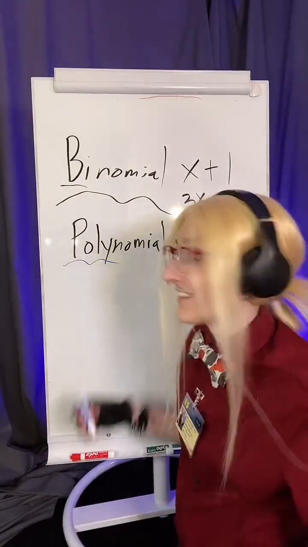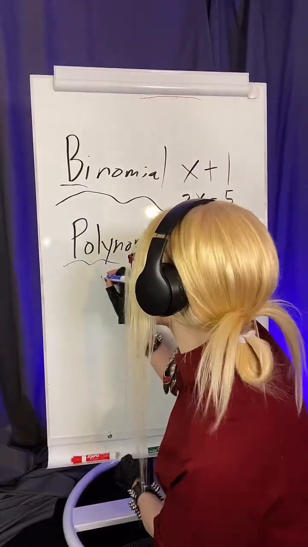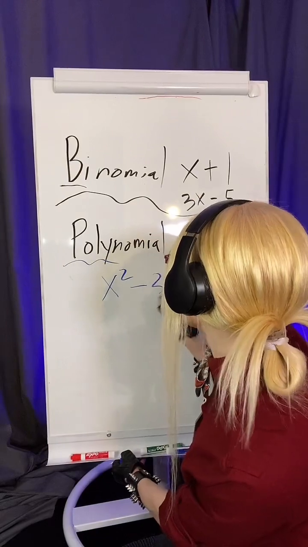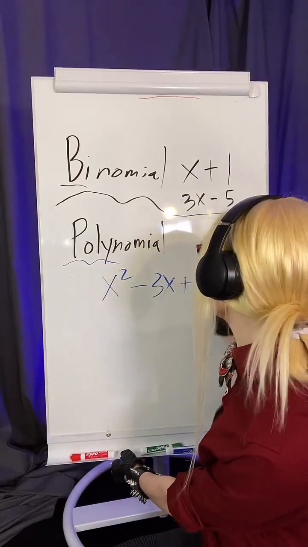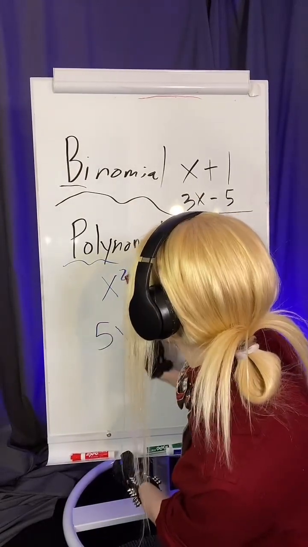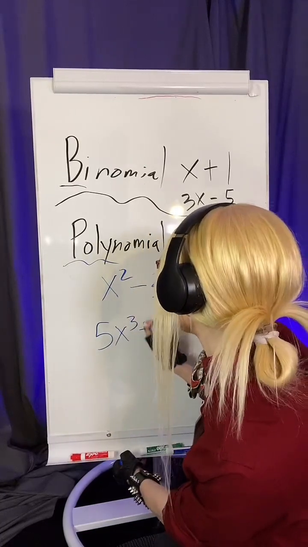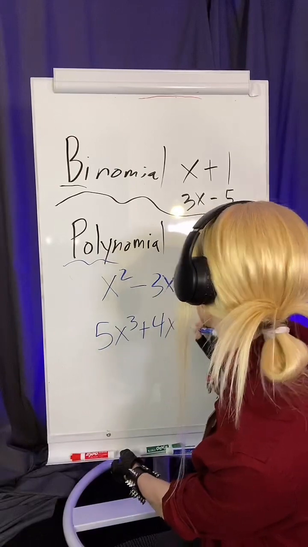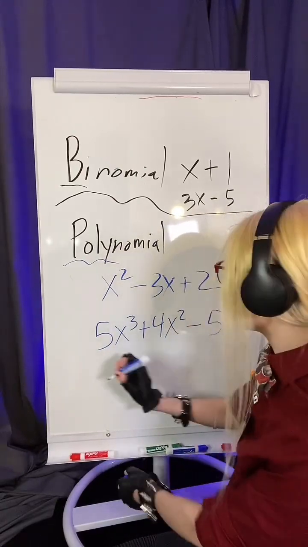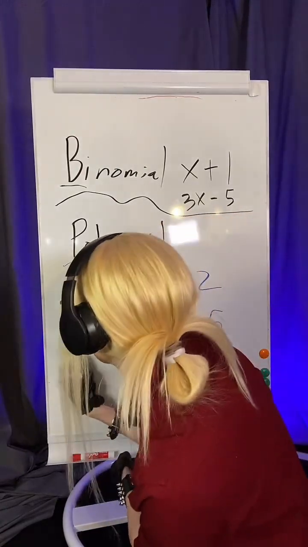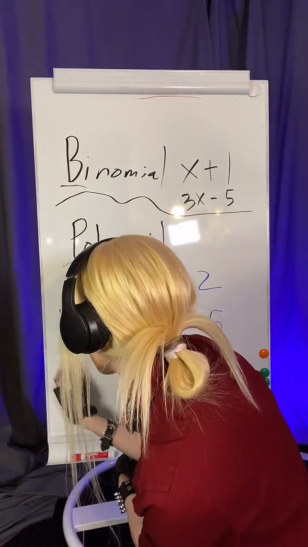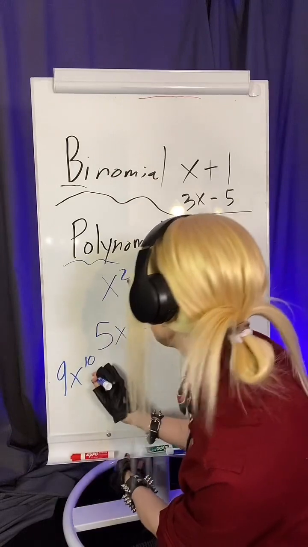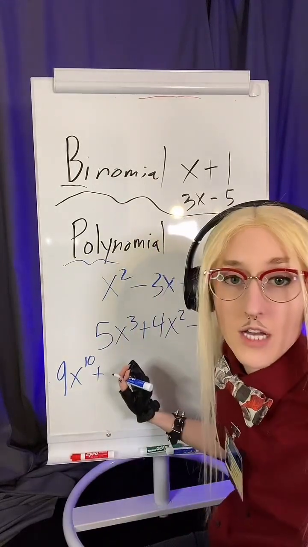Many more. Many. So examples of a polynomial might be x squared minus 3x plus 2, 5x to the third plus 4x to the second minus 5. Maybe I have something wild, I want to get crazy on a Saturday night, and I've got 9x to the 10th plus, I'm just pulling numbers out of thin air.